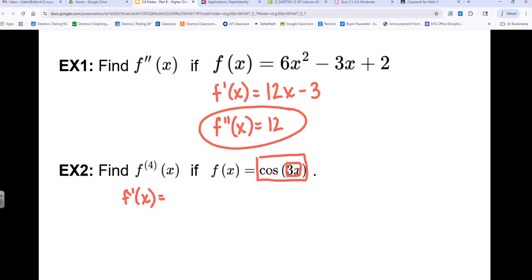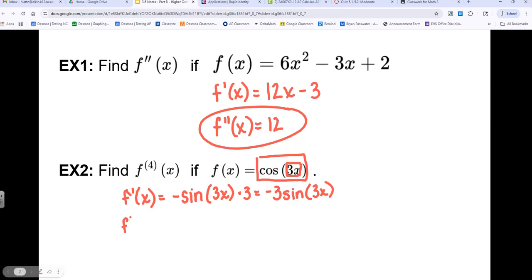What is the derivative of cosine? Negative sine of the stuff that was in there, so 3x. But then we must multiply it by the derivative of the inside, which is 3. So our first derivative ends up being negative 3 sine of 3x.